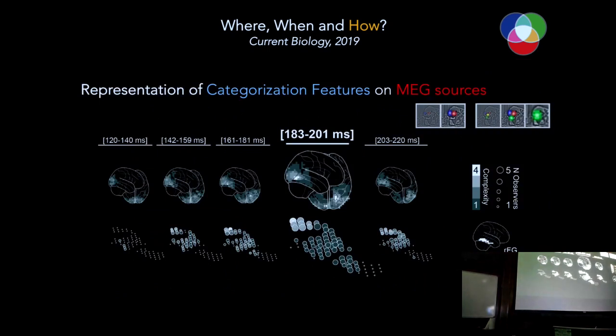So let's look at how these then represent. As I've said, task-relevant features move into the right fusiform gyrus, and you can see this developing here over time. And if you look at the voxels, the sources of the right fusiform gyrus, you can see here at the very top of the fusiform gyrus, where the radius of the source indicates how many of these features it represents, that there's a definite region in the right fusiform gyrus that represents many features about these two perceptions, Voltaire versus nonce.